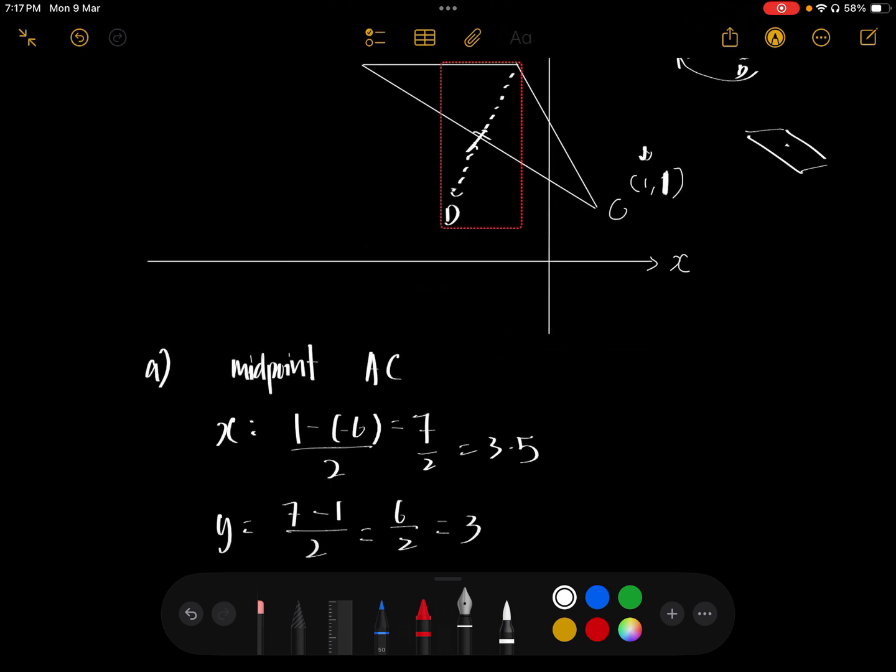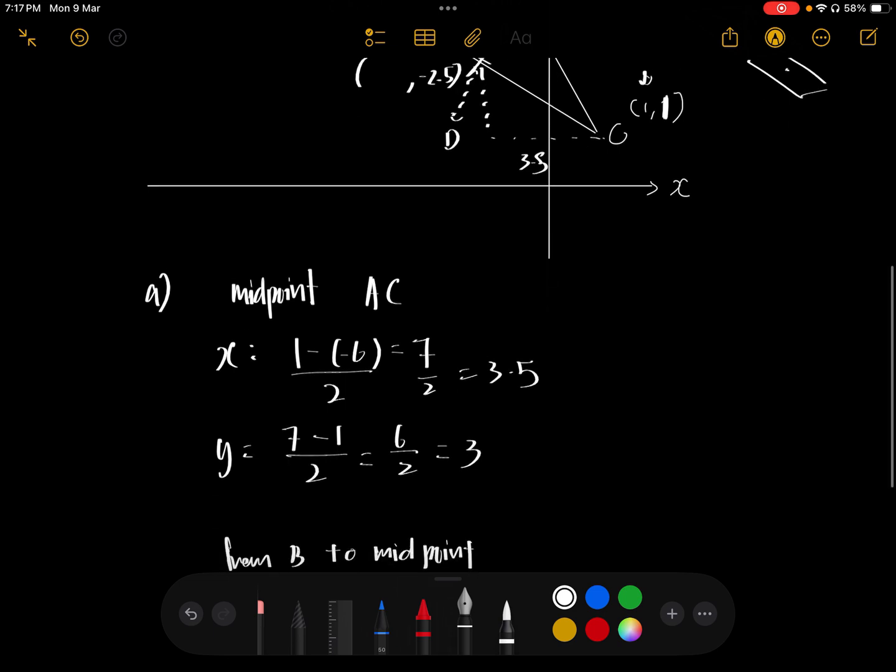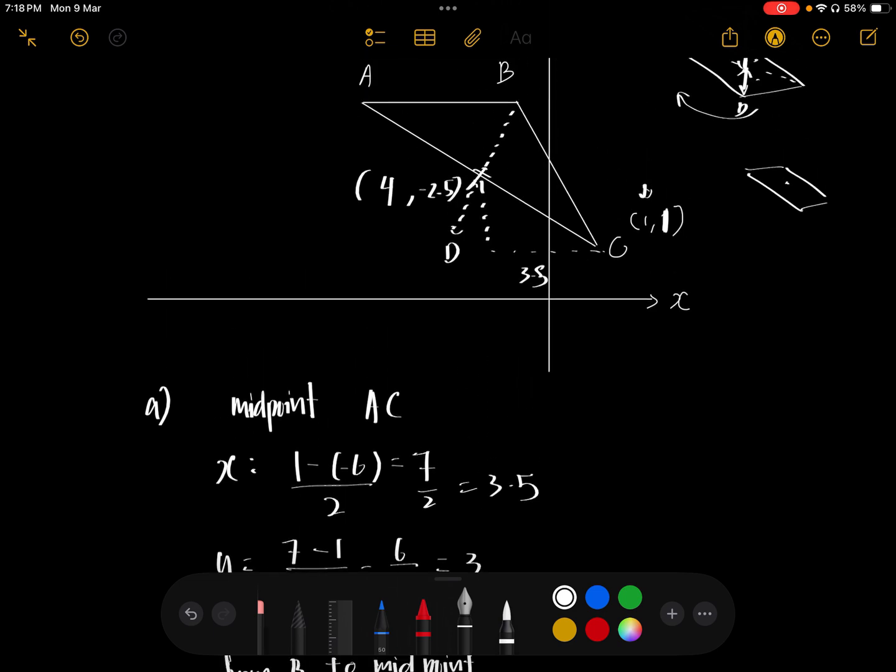You're looking at 3.5 here, and your height is 3.